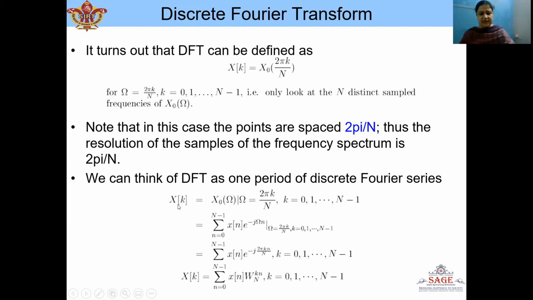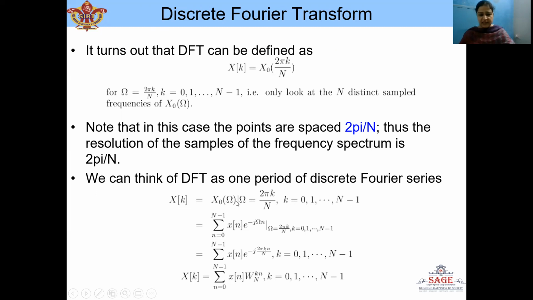Now here we will see that X[k], which is actually the discrete Fourier transform, is given by X(omega), which is the DTFT, when we take the value of omega at 2 pi k upon N, where k takes the values 0, 1 until N minus 1.